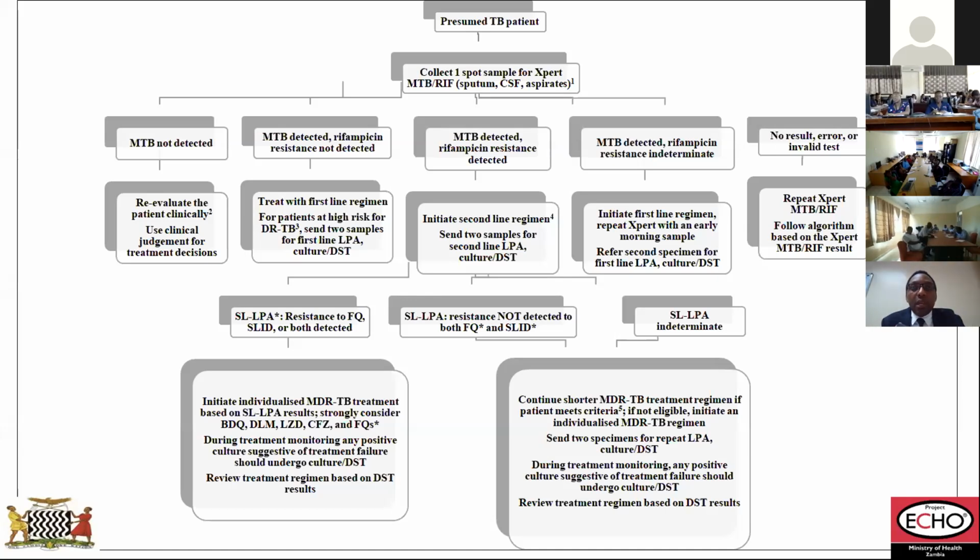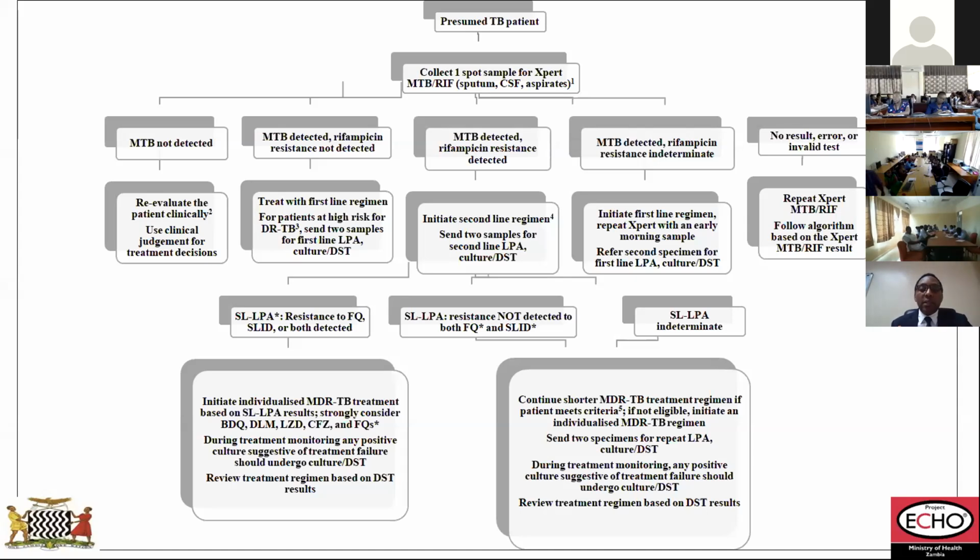What LPA will tell us is resistance to rifampicin as well as isoniazid. It also goes further to give us resistance patterns to the key second-line drugs. Here we're talking about fluoroquinolones, levofloxacin and moxifloxacin.